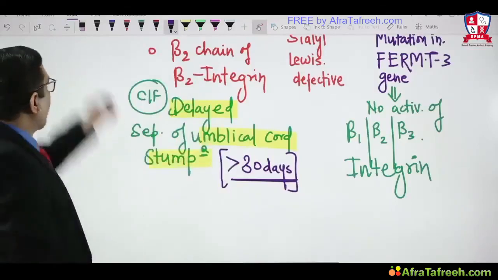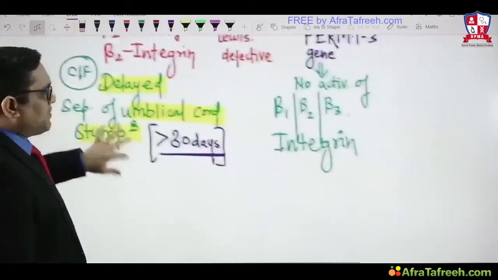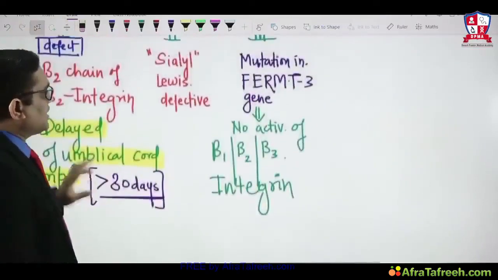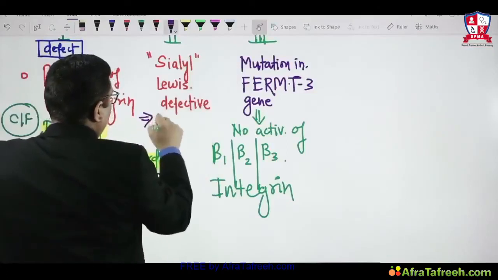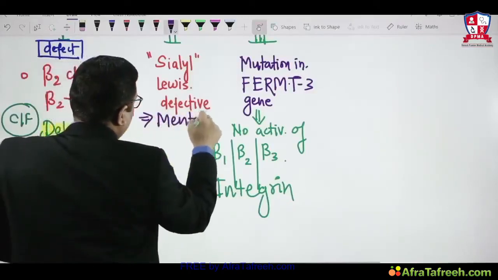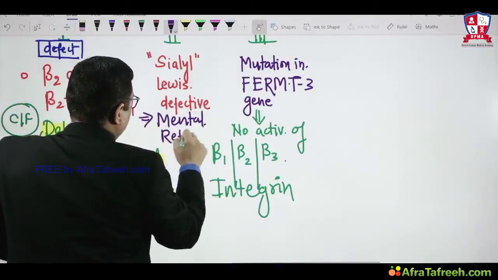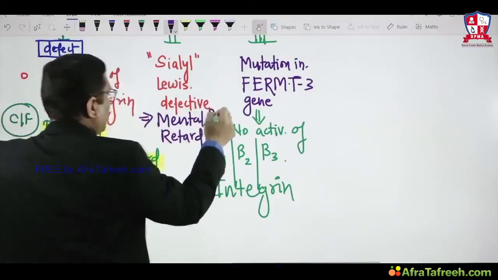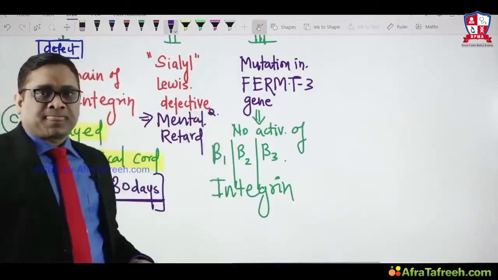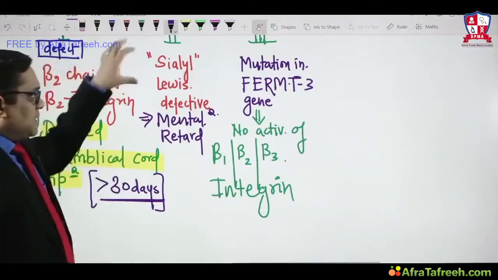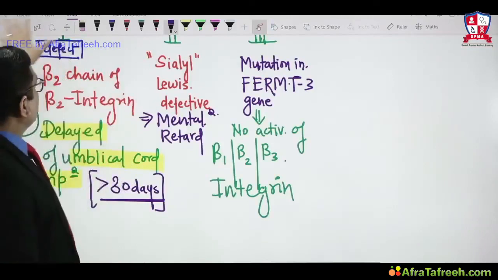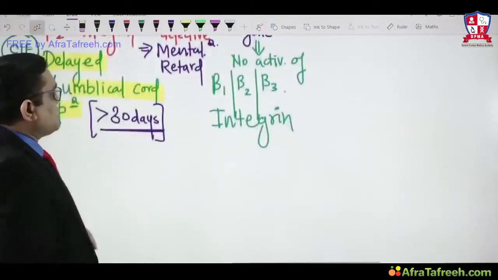LAD type 2, they will have an association with mental retardation. And there was a question in All India exam 2016, which blood group is associated with LAD2? Because of the deficiency of sialyl Lewis, here they will have an association with the Bombay blood group.